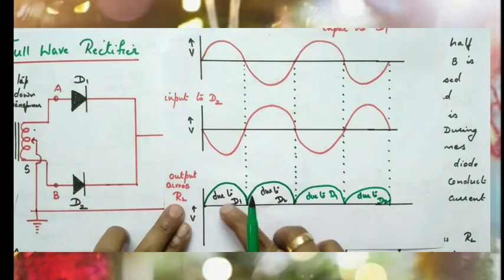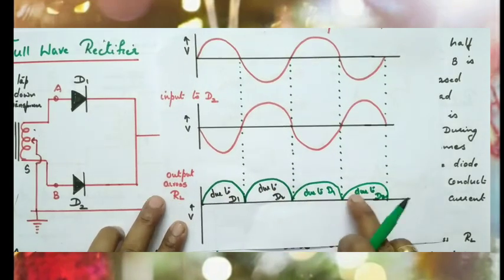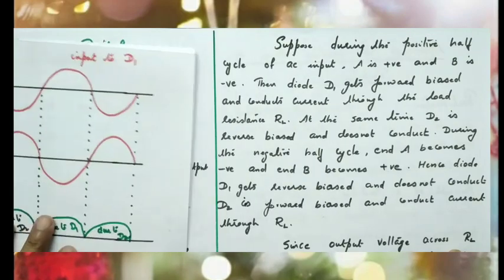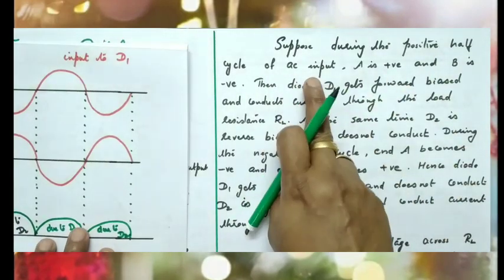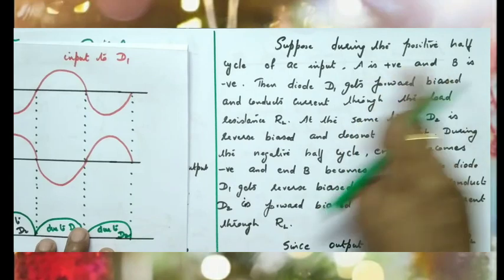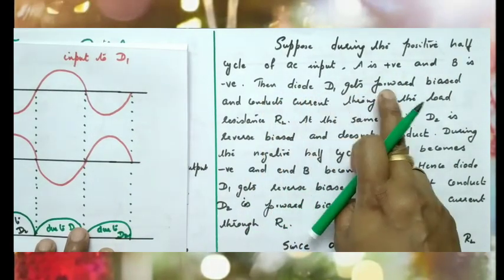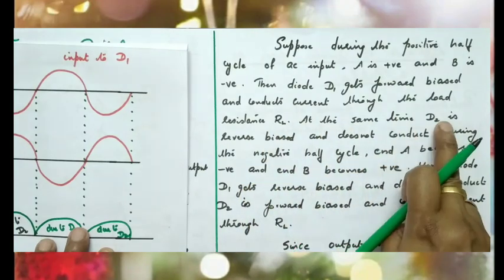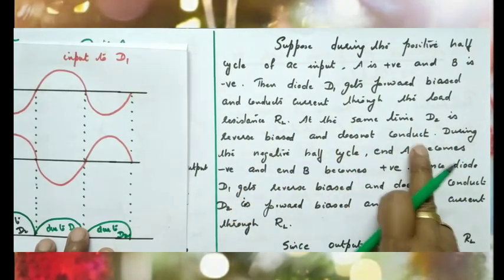Hence we get the complete output, the full wave output, and hence it is called a full wave rectifier. Suppose during the positive half cycle of input AC, A is positive and B is negative, then diode D1 is forward biased and conducts through the load resistance. At the same time, diode D2 is reverse biased and does not conduct.